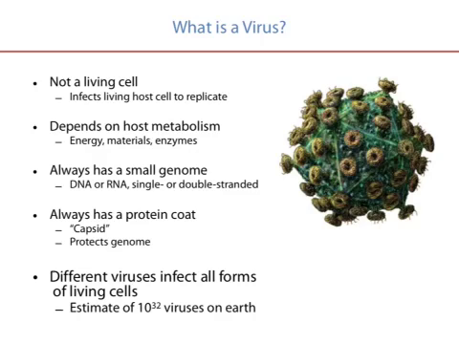Viruses always have a protein coat, called a capsid, and it protects the viral genome. Viruses also can have an envelope, but not all viruses have envelopes. Envelopes aren't necessary.